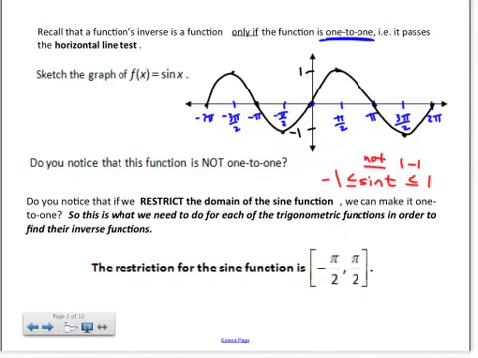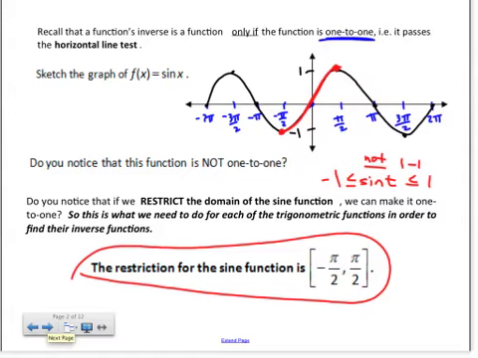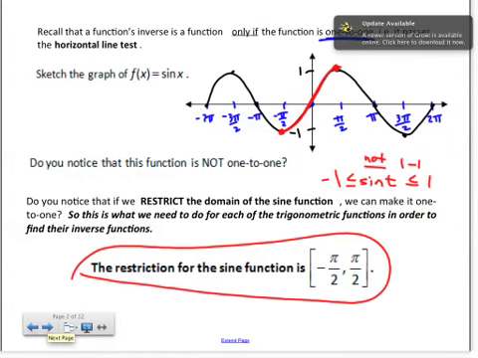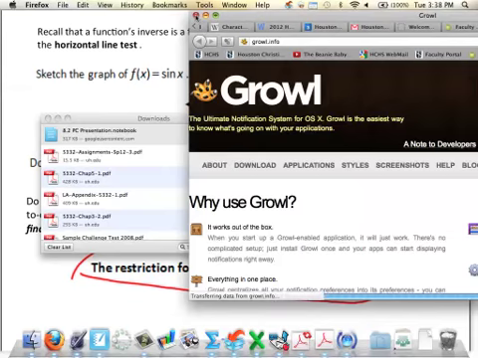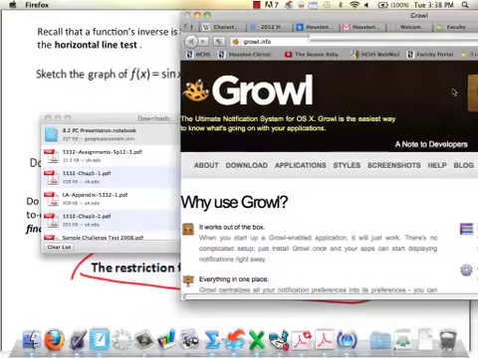If you notice, from negative pi over 2 to pi over 2, every possible value for sine occurs there. That is what we call our restricted domain. So now we have to give our answer between negative pi over 2 and pi over 2.